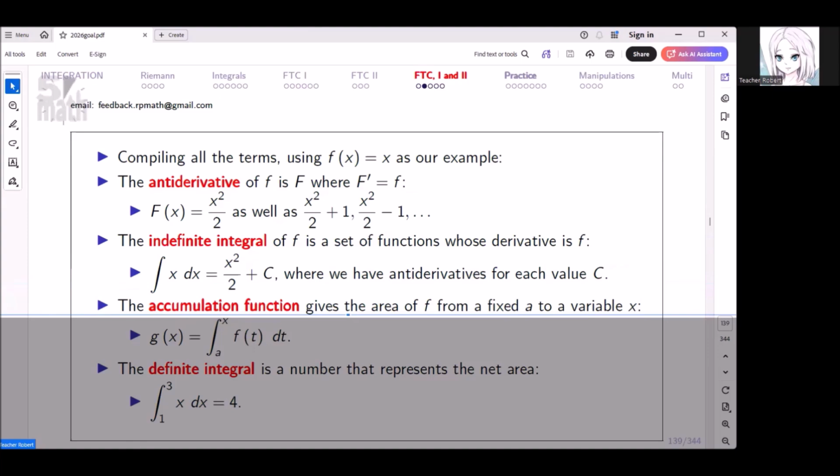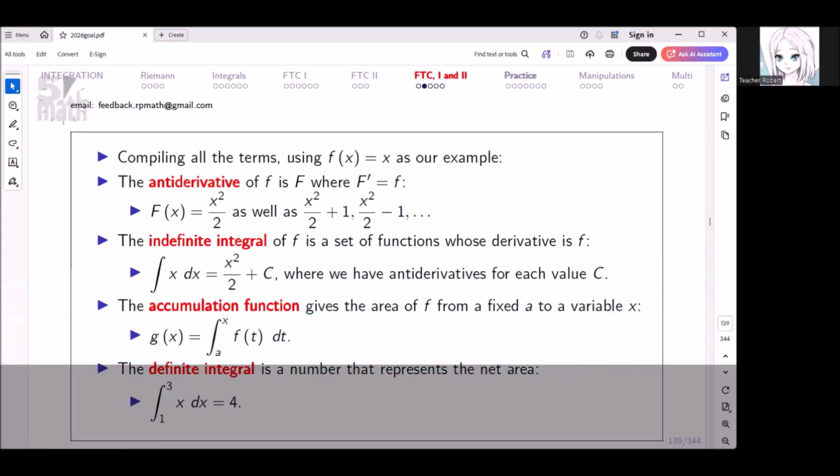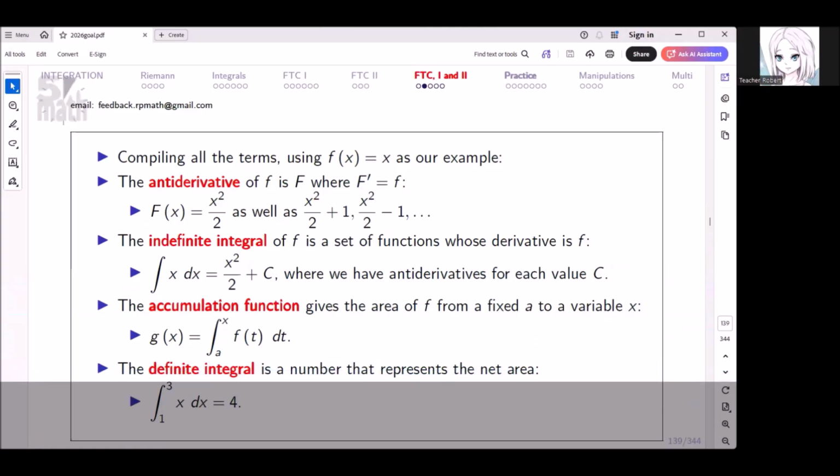The accumulation function gives the area of little f from a fixed a to a variable x. G of x equals integral a to x f of t dt. The definite integral is a number that represents the net area.